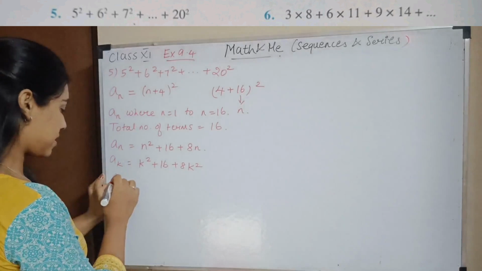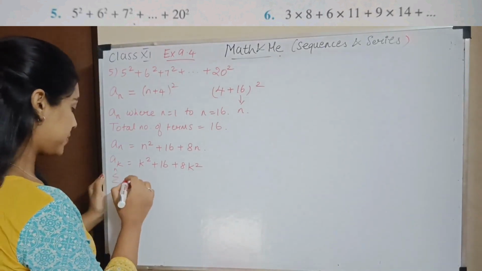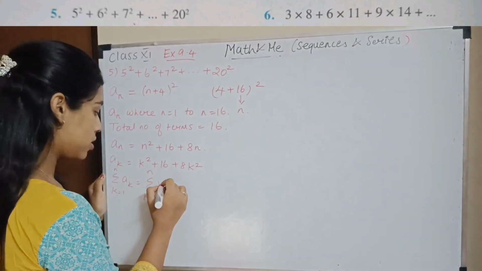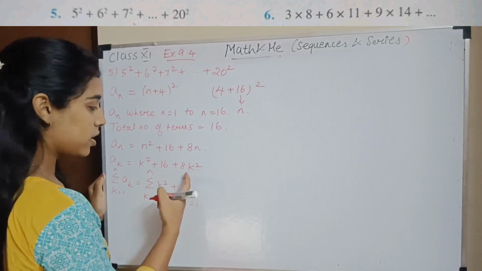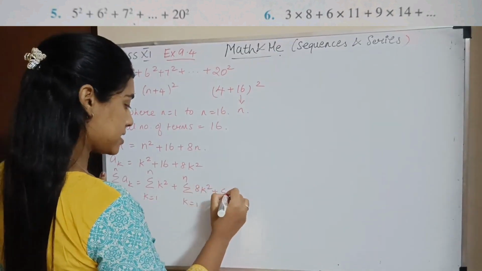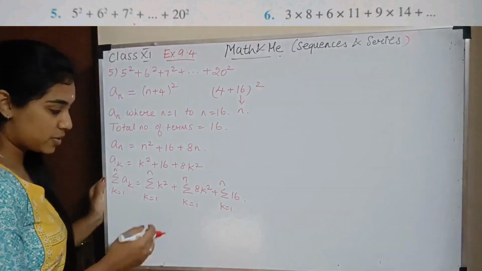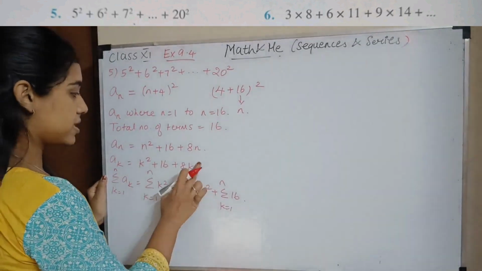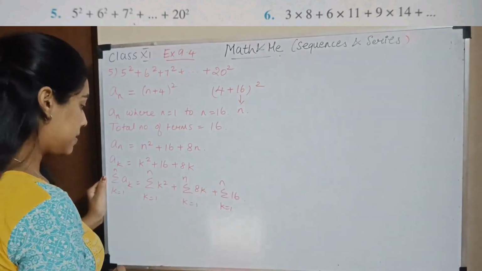So when I take the summation on both sides, I have sigma k equals 1 to n of ak equals summation of k equals 1 to n of k square plus summation of k equals 1 to n of 8k plus summation k equals 1 to n of 16. I'm just writing it in order, okay? Sorry, this is k, not k square, 8k plus 16.